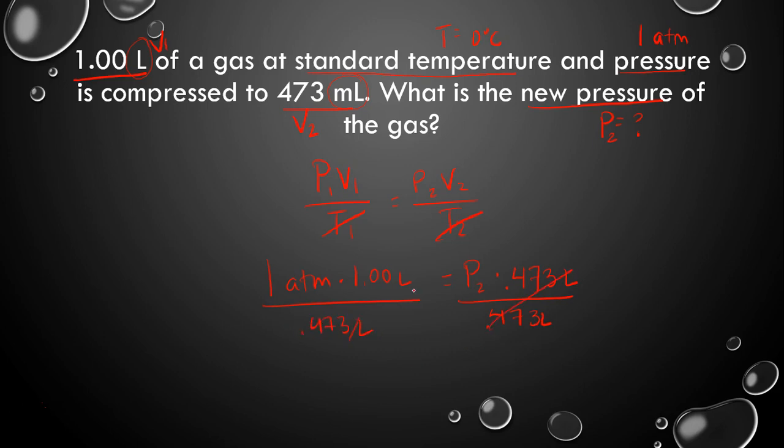So liters cancels, and that leaves us with P equaling 2.11 atmospheres. Now, if you chose to do this with a different pressure, you could totally do that. I just didn't give answers with kilopascals or with millimeters of mercury. So you would get a different answer, but it would be appropriate if you did your math correctly.